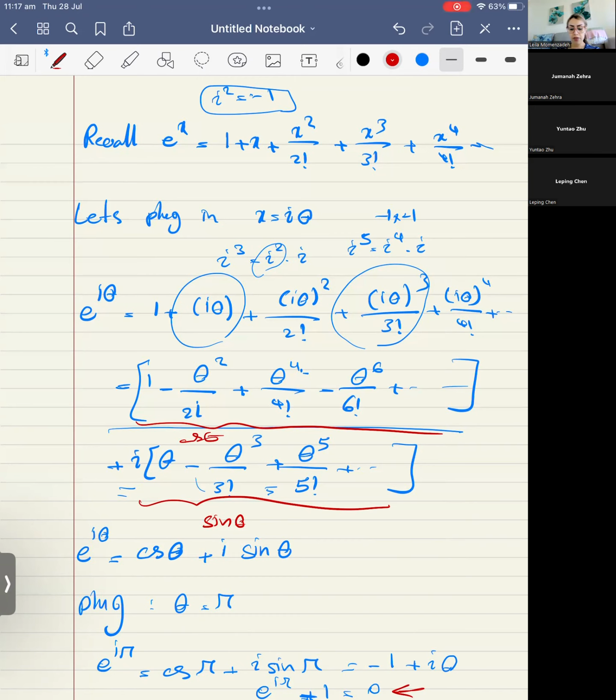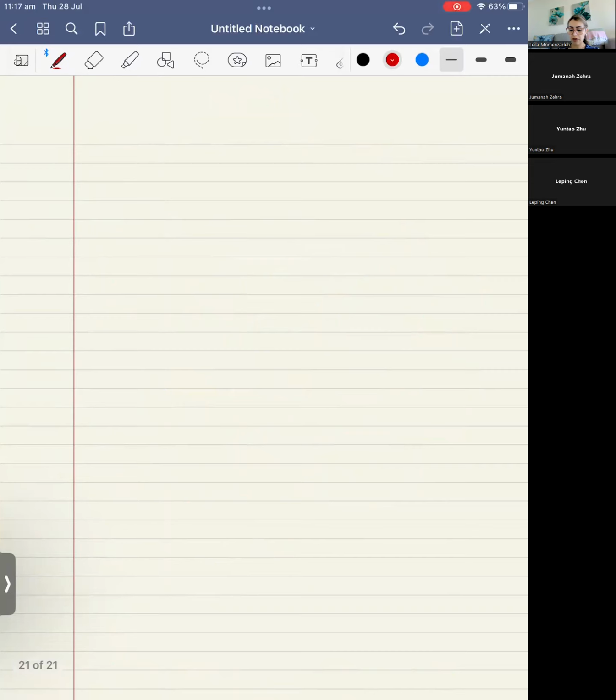You have the other method to obtain the power series, so I write some of them for you here. For example, let me say which page in your notebook.